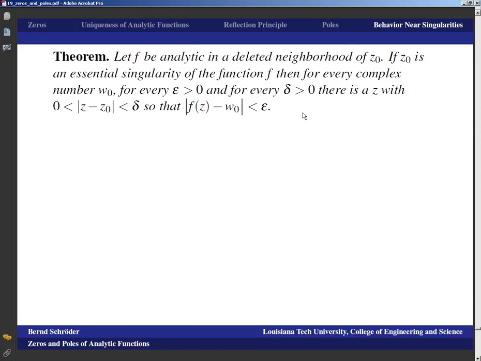Basically what that means geometrically is that in any neighborhood of an essential singularity, the function is close to any value in the complex plane. So the function just oscillates crazier than we can imagine in pictures. If you think back to calculus, if you think about a function like sine of 1 over z, as z goes to the origin, that was a function that was near any number between -1 and 1.